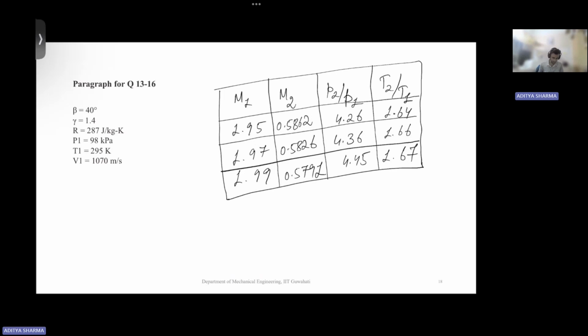Then beta is there, so this is related to an oblique shock. Gamma is there, R is there, T1, P1, V1 is there.